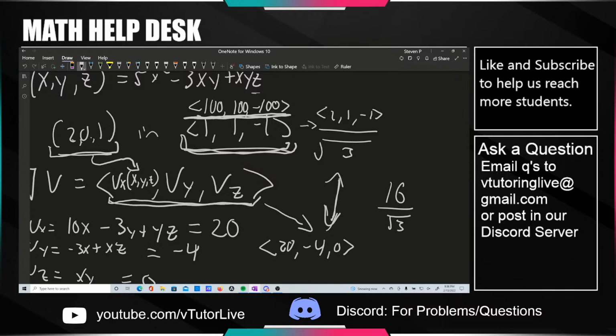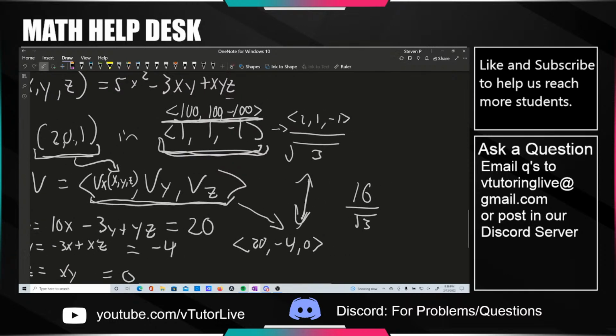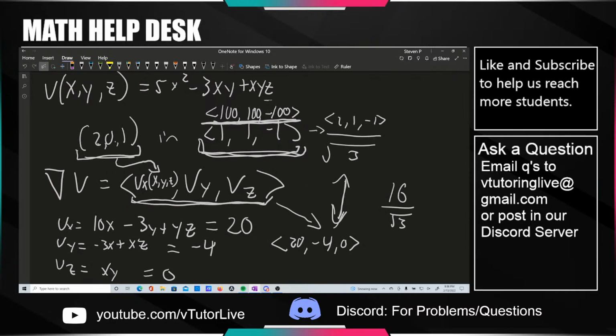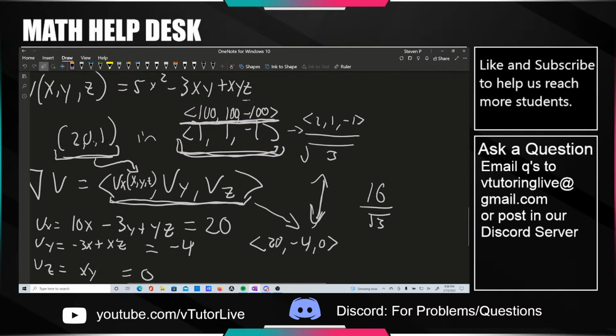Maybe I should have led off with a conceptual explanation, because you can never hear it too many times. But if V of XYZ, instead of a voltage, let's say it's a temperature instead, because I think it's harder to envision what voltage is. The classic example is temperature. Let's say in this XYZ in a room, different parts of the room are different temperatures.